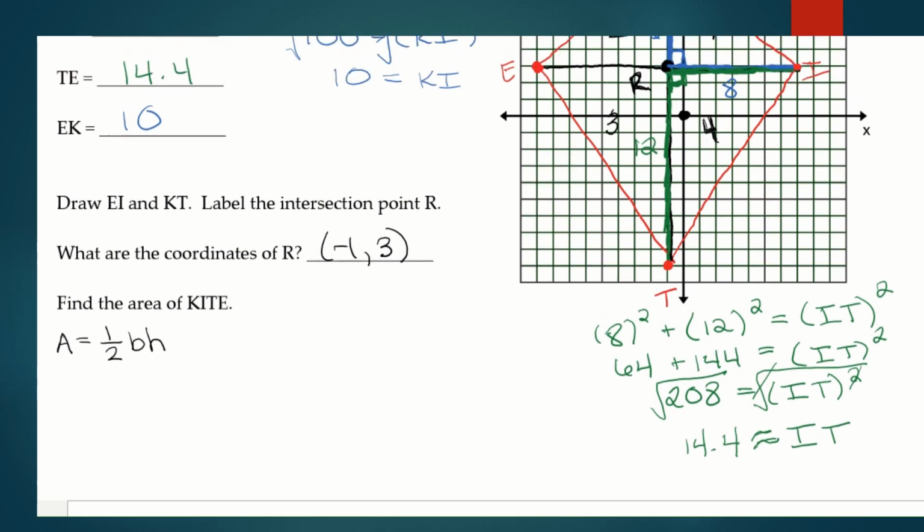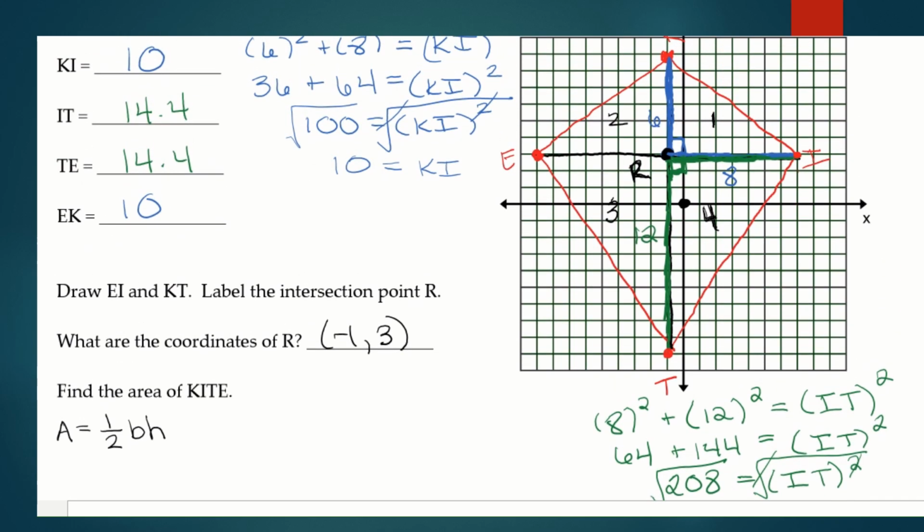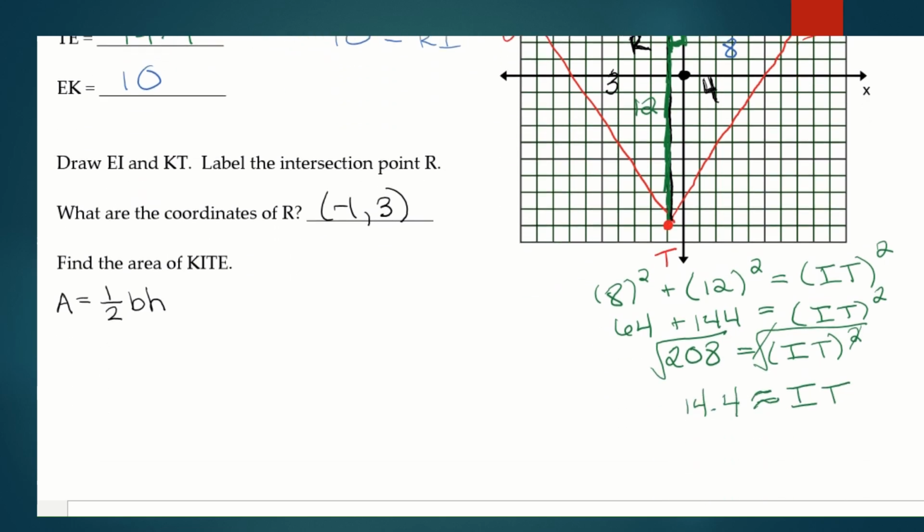For this particular triangle, the base is represented by side RI, so I have a base of 8, and a height, represented by RK or KR, which is 6. So A equals 1/2 base times height. Multiplying straight across, 1/2 of 8 is 4, and 4 times 6 is 24.